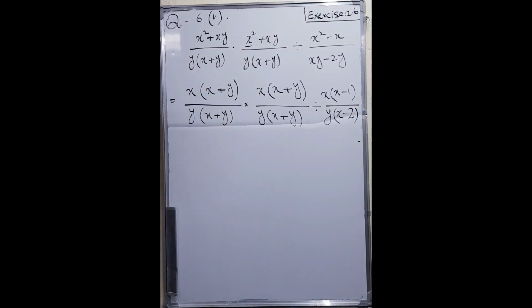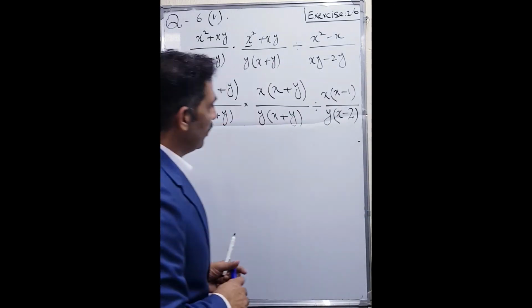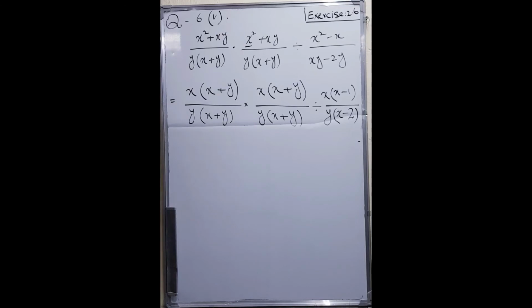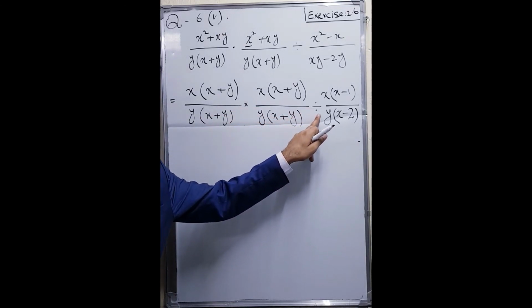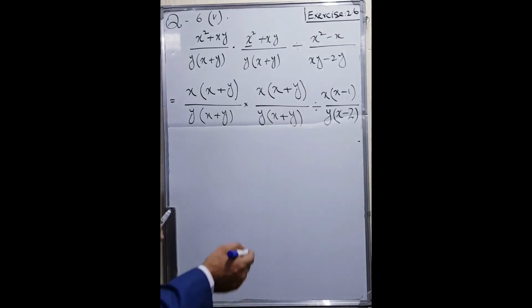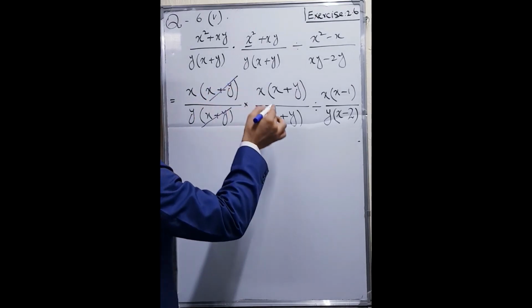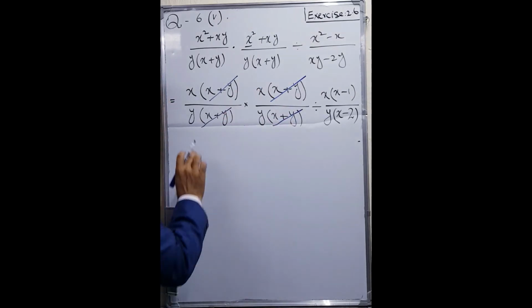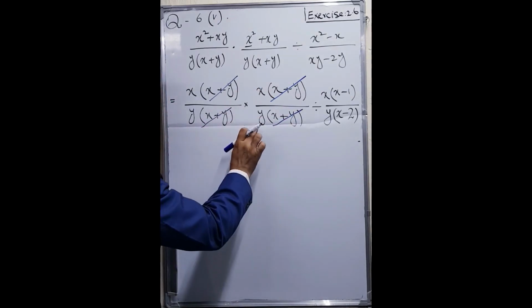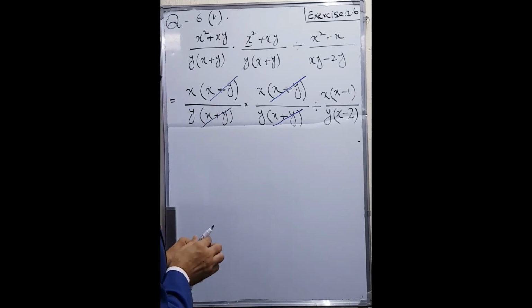As I told you before, if it is possible to cancel, you cancel first, then simplify, and then apply the division operation, meaning division changes into multiplication. What cancels? x plus y cancels with x plus y. The denominator is not possible to cancel, so be careful. What is remaining in the numerator?